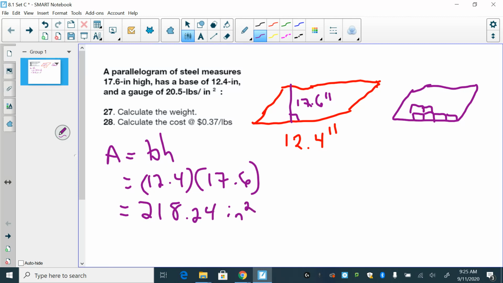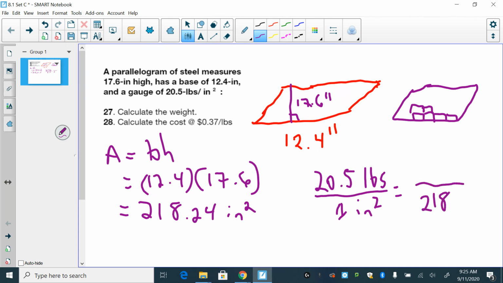Now we have to use this gauge, so set that up as your ratio. I have 20.5 pounds over inch squared, so basically it's like 1 inch squared equals. The bottom is where inches squared goes, so 218.24 has to go on the bottom, inch squared with inch squared.